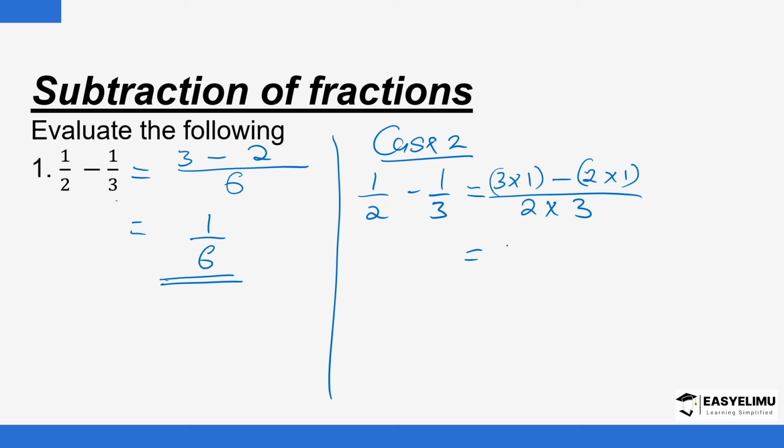So that is going to be 3, and then you subtract 2, and then of course 2 by 3 is 6. So you see we still get 1 out of 6. That is using the cross multiplication approach. It's an alternative to just finding the LCM and how we did the previous case.